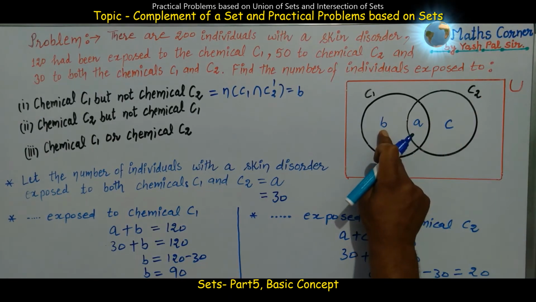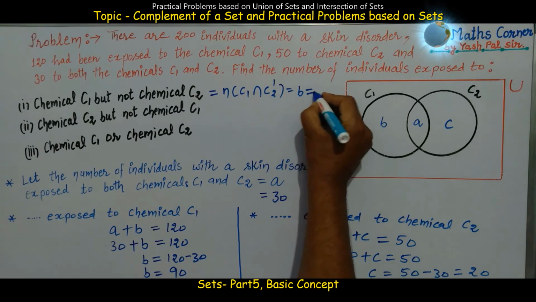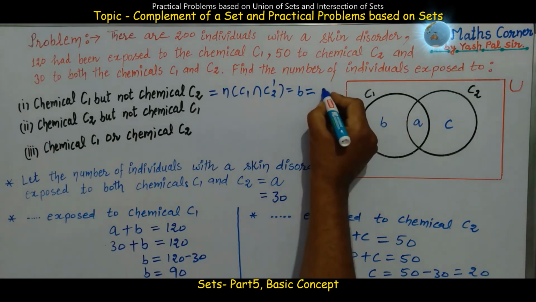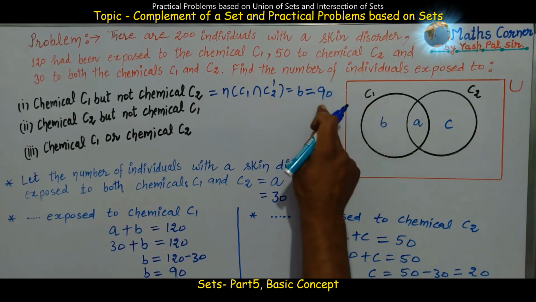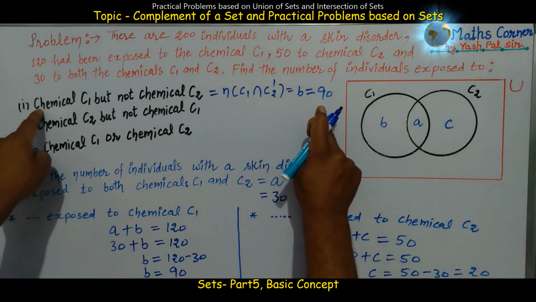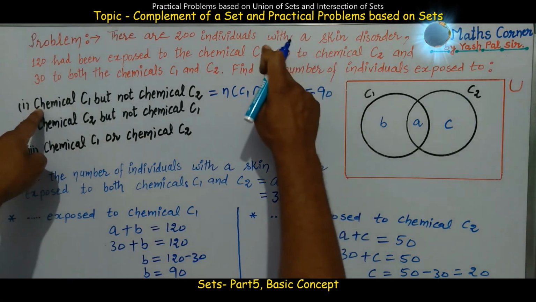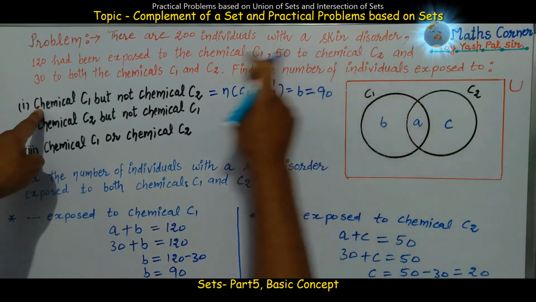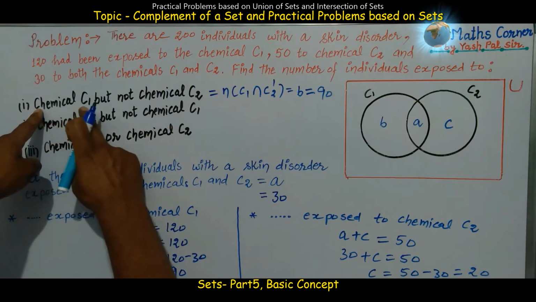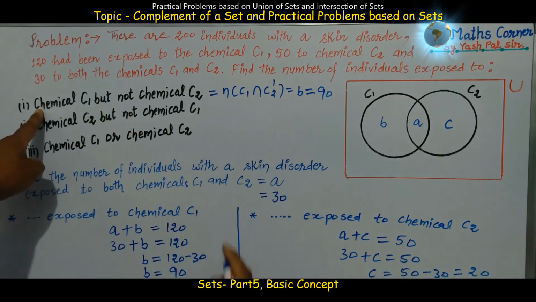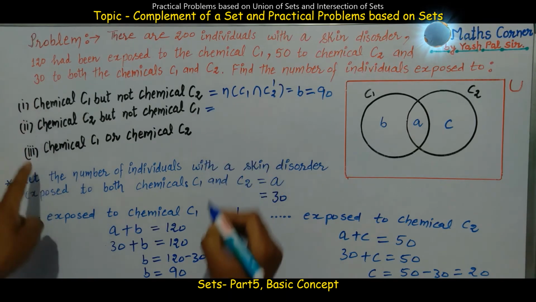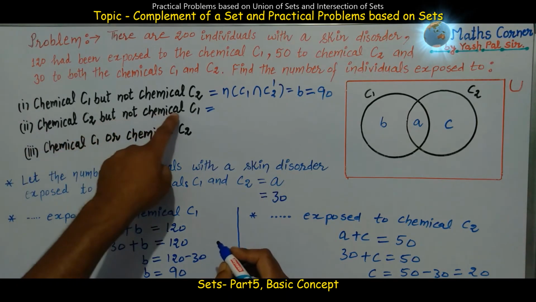The value of B is already solved here, this is 90. So 90 individuals are exposed with chemical C1 but not chemical C2. Likewise, in the second part, chemical C2 but not chemical C1.